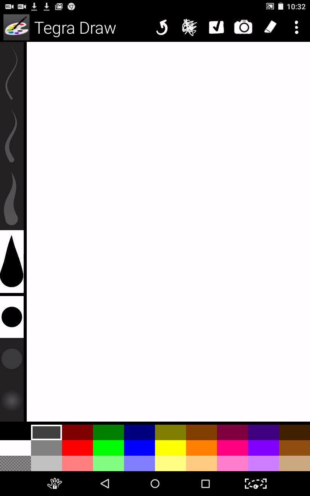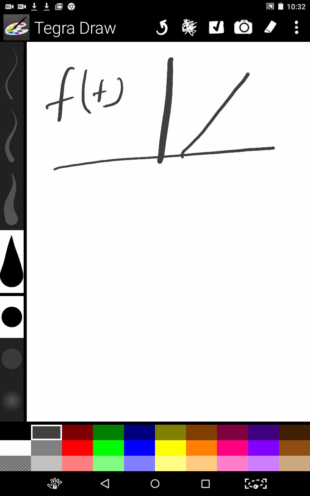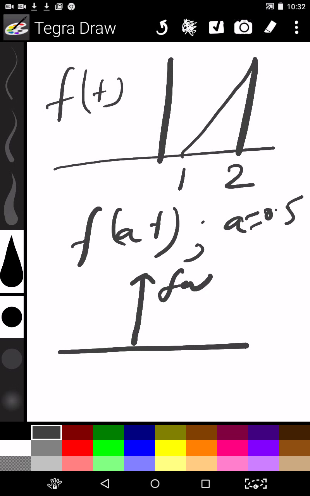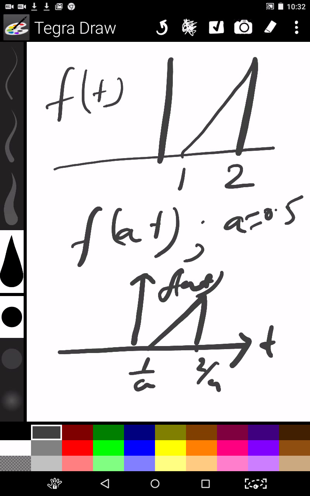Now take an example. Let f of t be this one, with values 1 and 2. Let f of at, where a equal to 0.5. We will plot f of at, that is t means 1 by a and 2 by a.